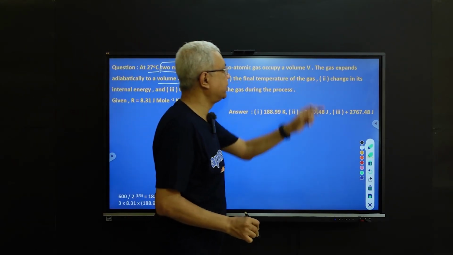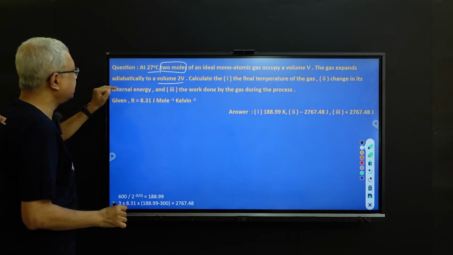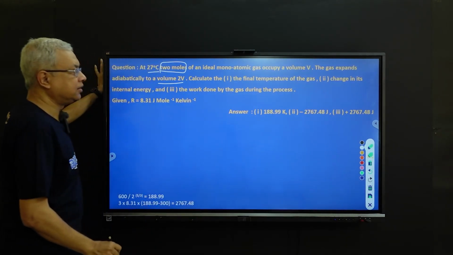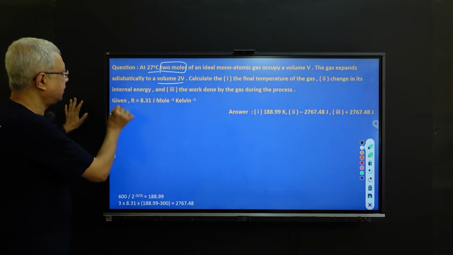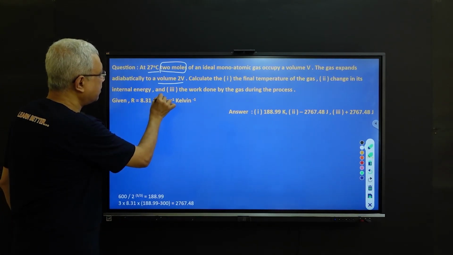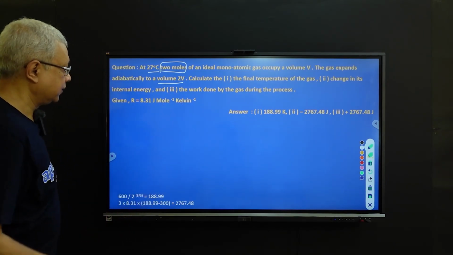Calculate the final temperature of the gas, change in its internal energy, and the work done by the gas during the process. Given R equal to 8.31 joule per mole Kelvin.